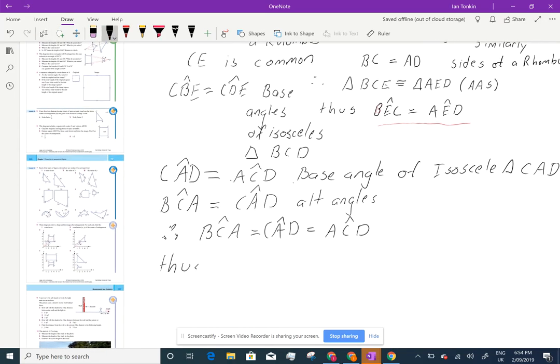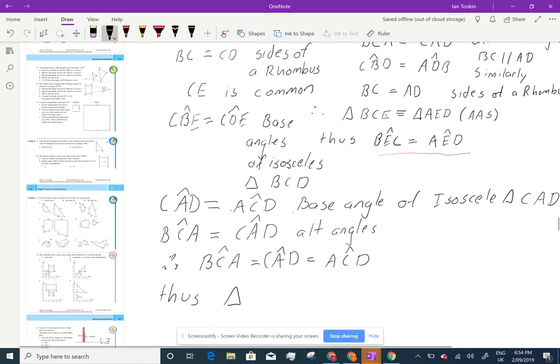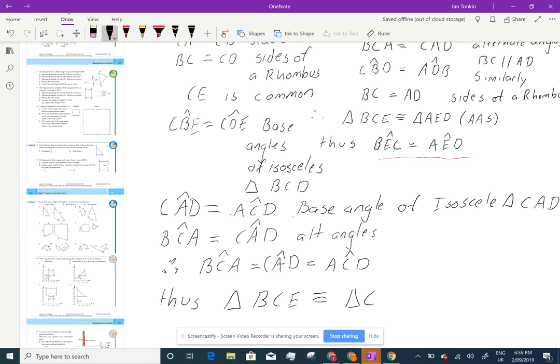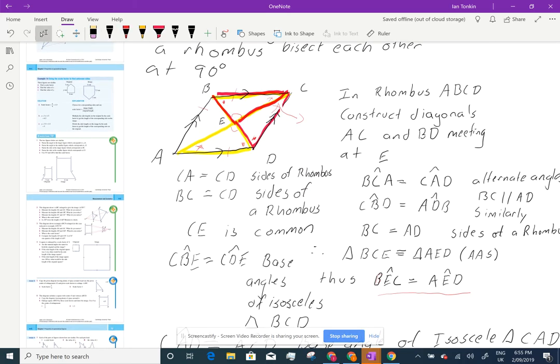Thus, triangle BCE is congruent to CED, right? Why? Now we've got side angle side. Because remember, I'm going to use a different highlighter.